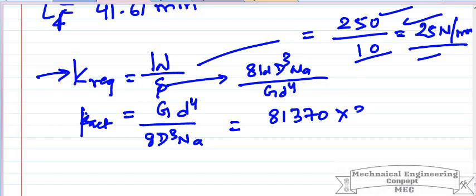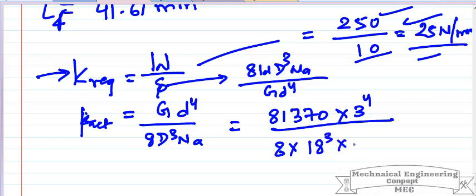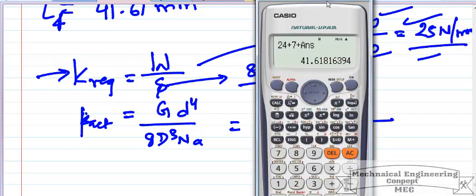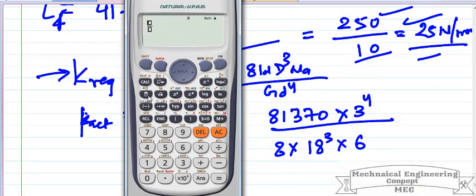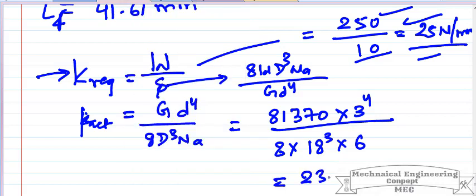Small d we know as 3 mm, so 81370 into 3 to power of 4, divided by 8 into 18 to power of 3 into 6, which is 23.54. 23.54 Newton per mm.